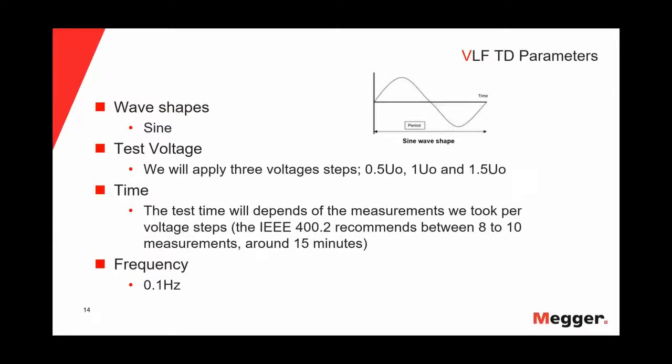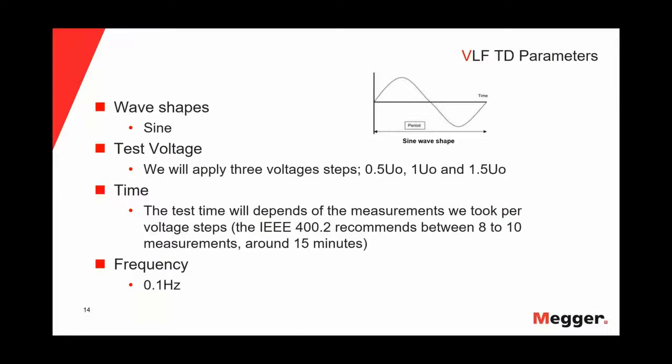The parameters involved in the tan delta test start with the wave shape. The wave shape must be sine, as I said. For the test voltage, we will apply 3 voltage steps: 0.5 U0, 1 U0, and 1.5 U0. This is according to the IEEE 400.2. The test time will depend on the measurements we take per voltage step.